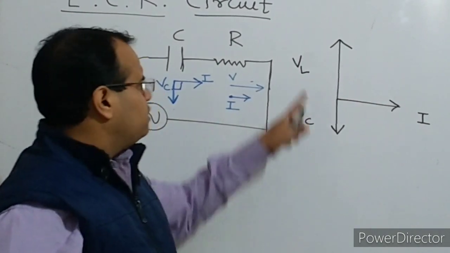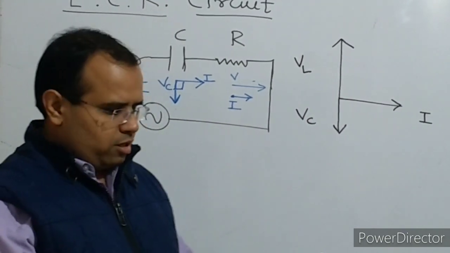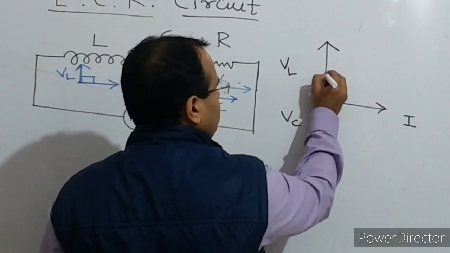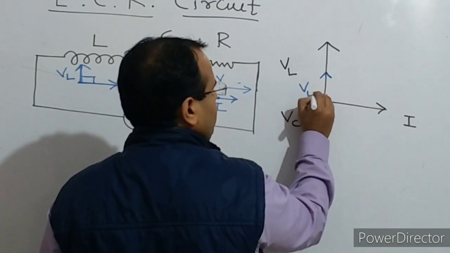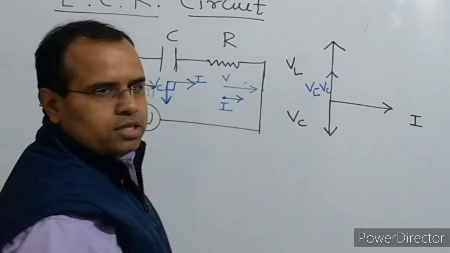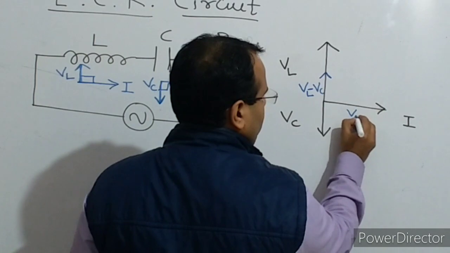Here we are considering that VL is greater than VC, so the resultant of VL and VC will be in this direction, that will be VL minus VC. And here this is the voltage across the resistor.